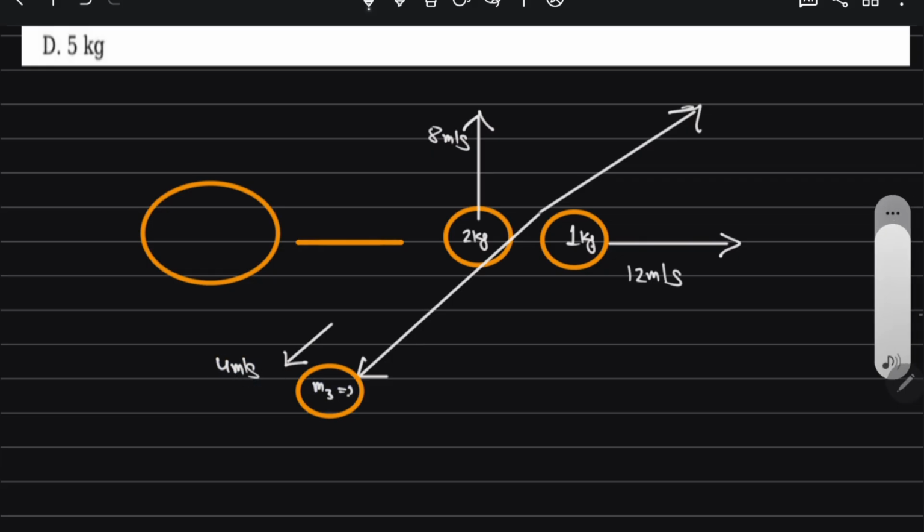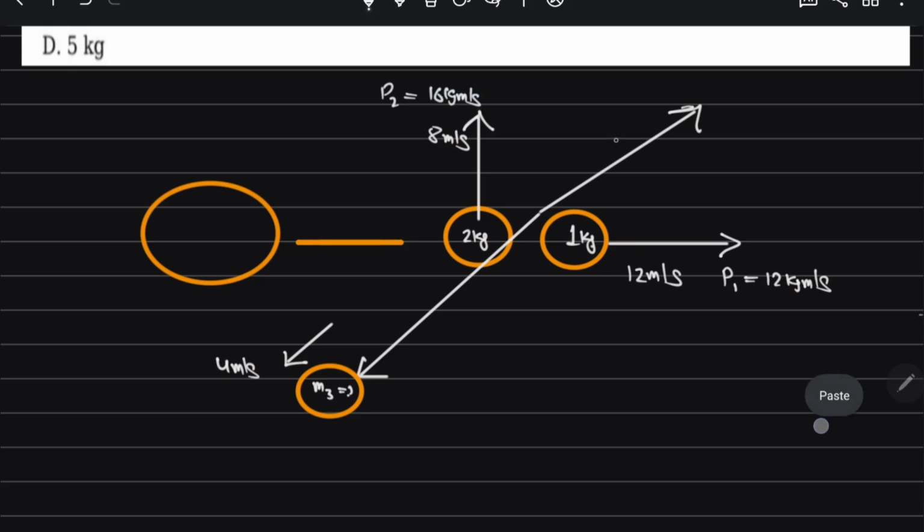So here you see that the momentum P1 is 12 kg meter per second. The momentum P2 is 8 into 2, 16 kg meter per second.